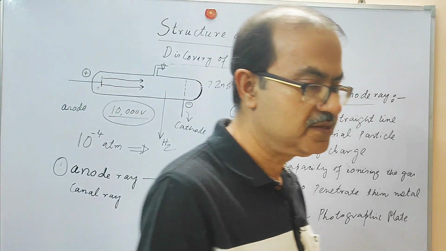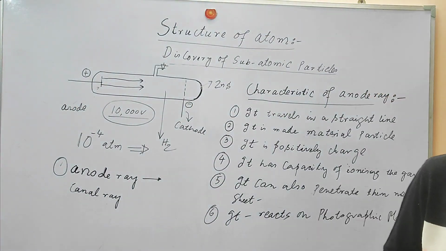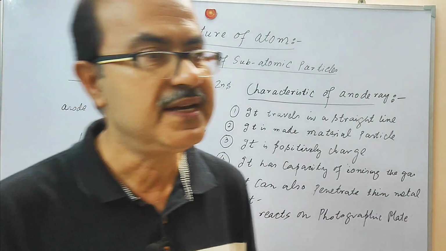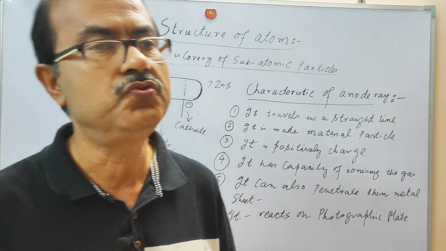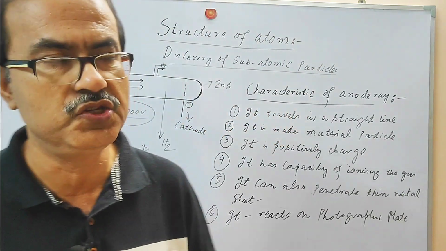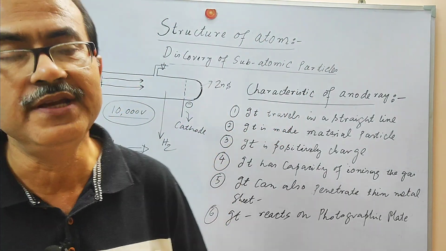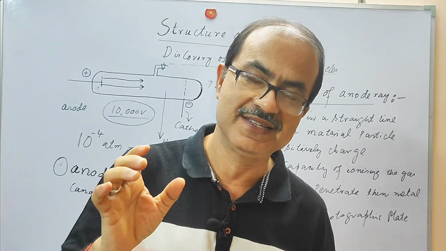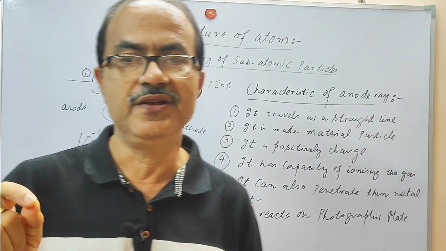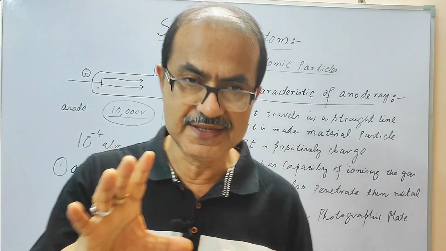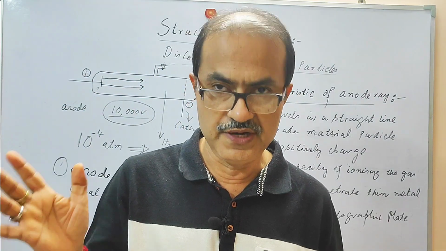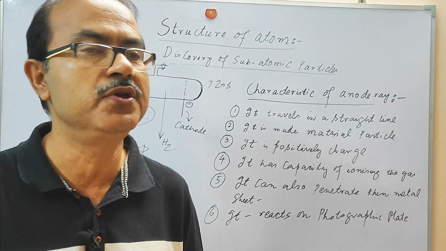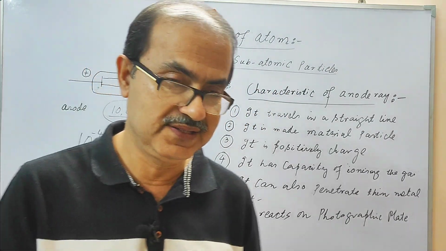Then, as we have done this exercise in the case of cathode rays, if we do it here, what we find is that e/m, the charge to mass ratio of this anode ray, depends on the gas inside. If we take hydrogen gas in the modified cathode ray tube, it will have the lowest e/m ratio compared to the others.